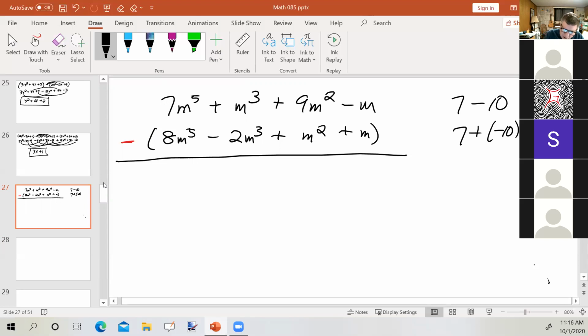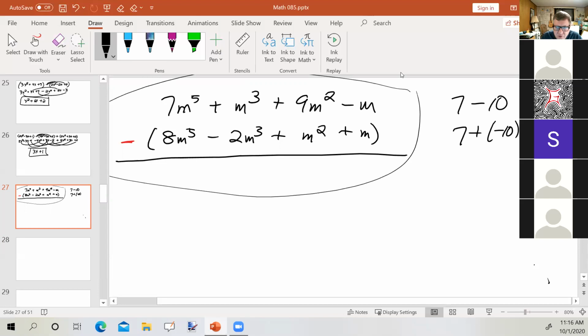So in this context that we're looking at here, distributing that subtraction sign is like changing it to addition of the opposite. And let's see what that does. Okay? So I'm going to change it to addition of the opposite. So that becomes negative, positive, negative, negative.